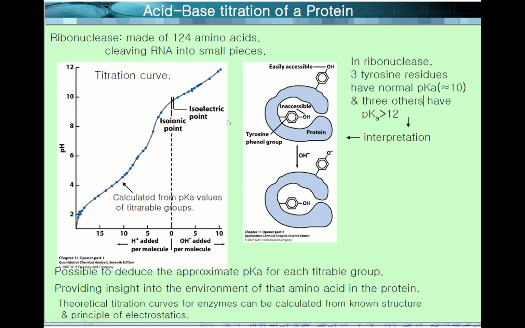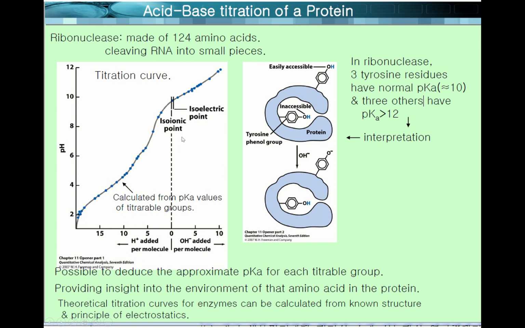And it is known that it has an isoionic point around, let's say, 9.6 or something like that. The isoionic point is the pH of the solution when the pure protein is dissolved, and the isoelectric point is very close.